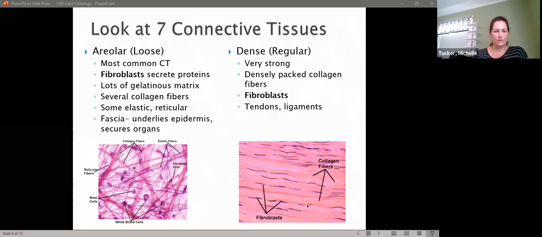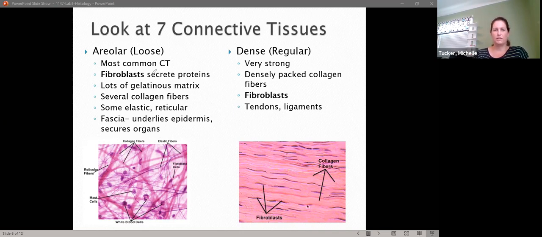And then reticular fibers are these tiny fibers here. They'll usually stain a dark purple, sometimes almost black. They form a kind of guy wire arrangement. They're very strong, but not very flexible.